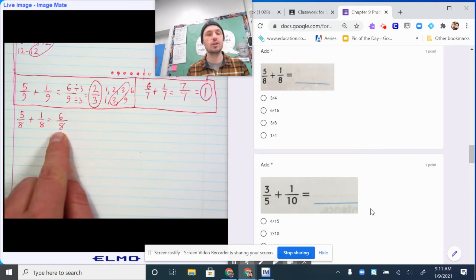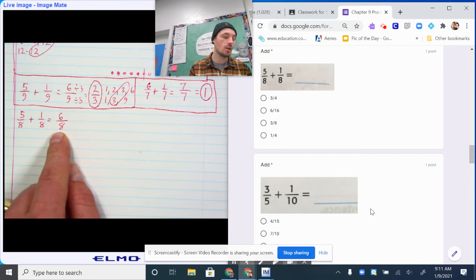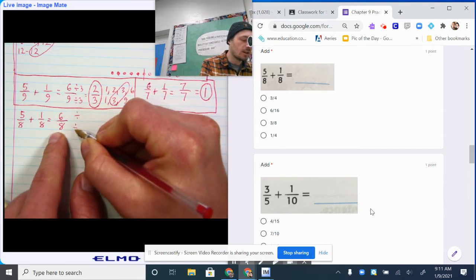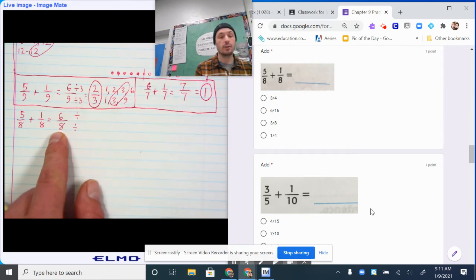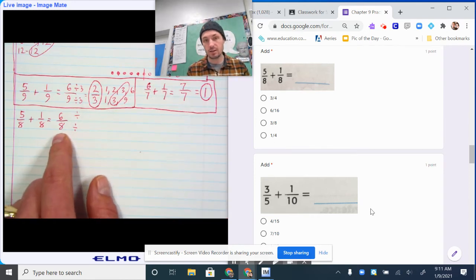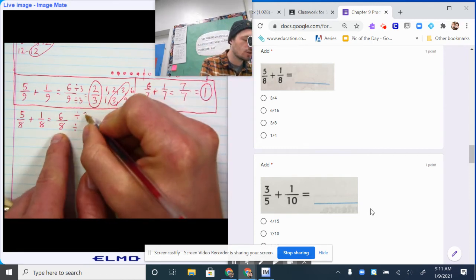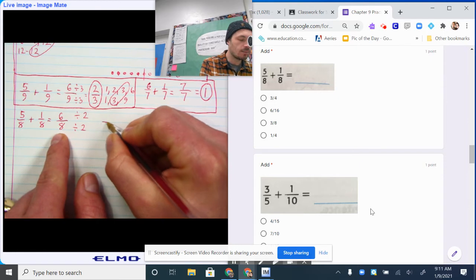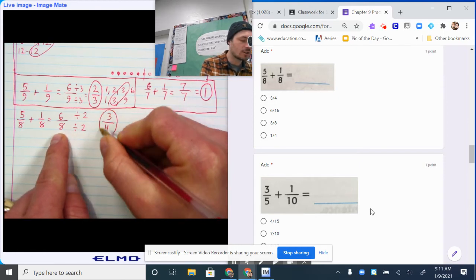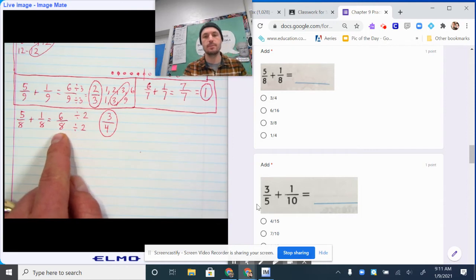And in this case, the GCF would be 2. I'm just trying to save time right now by not listing out all of the factors, but you would want to do that. List all the factors of 6, list all the factors of 8 until you find the GCF. In this case, the GCF is 2. 6 divided by 2 is 3. 8 divided by 2 is 4. The final answer is 3/4.